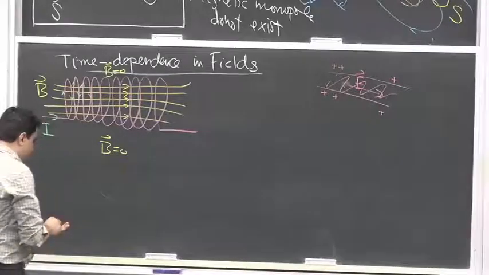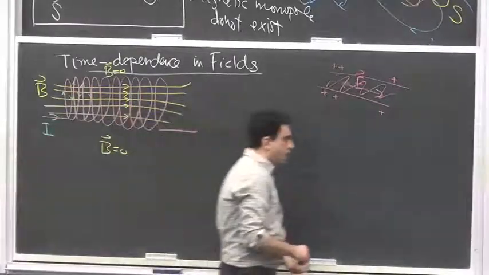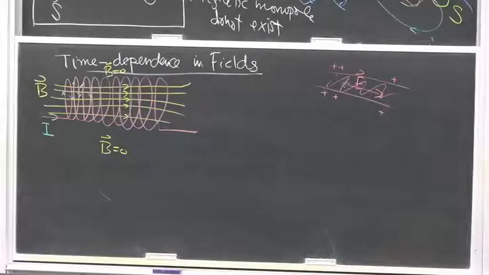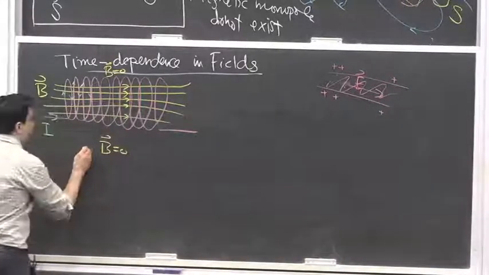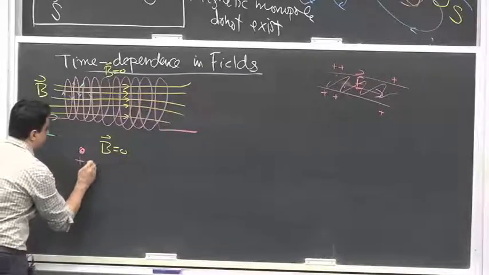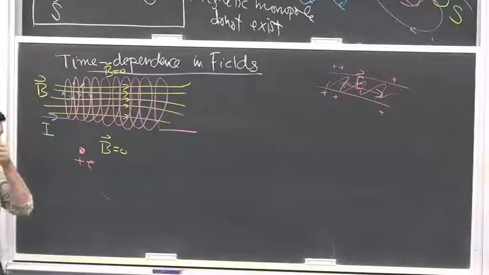What if I put a positive charge, plus e, here, close?